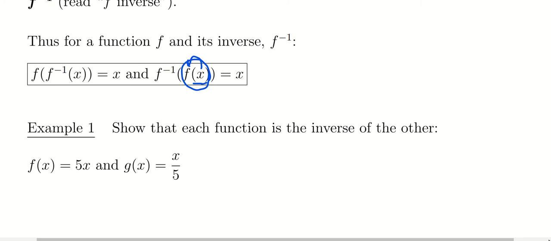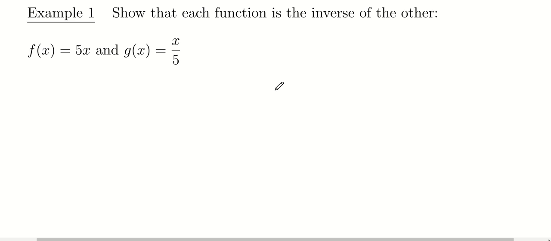Whatever that rule does, if we then apply f inverse, it is going to reverse whatever we just did, and what we get is the original input x as the output here. Okay.